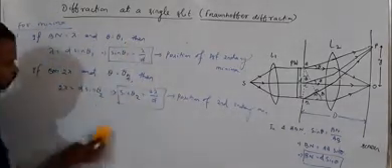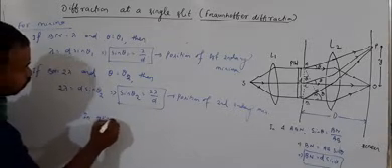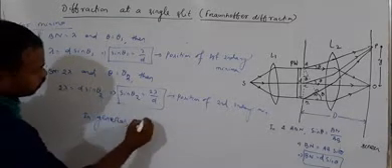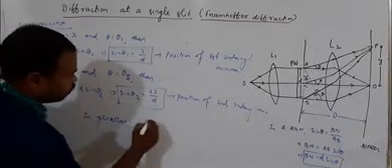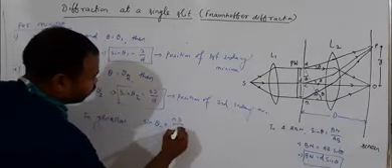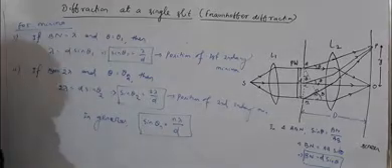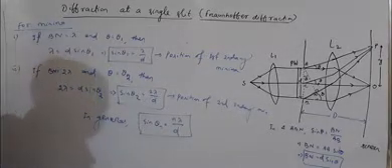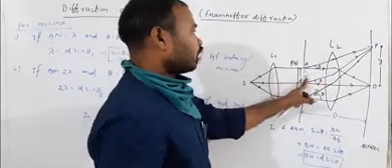Now in general, for the position of the nth secondary minima, we can write sin theta n is equal to n lambda by d. This is the position of the nth secondary minima. Here the theta angle is very small.